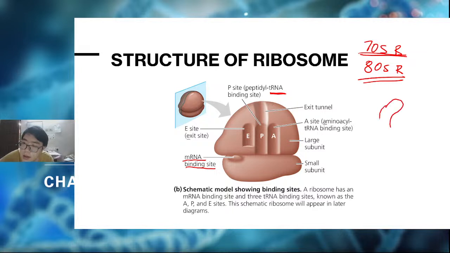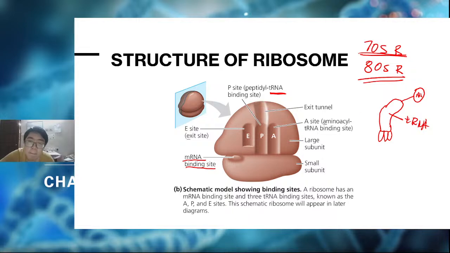This is the structure of tRNA. It has an anticodon, three anticodon bases here. Then it carries one amino acid. This is the amino acid, so we call this amino acid tRNA. This tRNA is bound with the amino acid, so this is called the amino acid tRNA binding site. This kind of tRNA will bind to the A site.